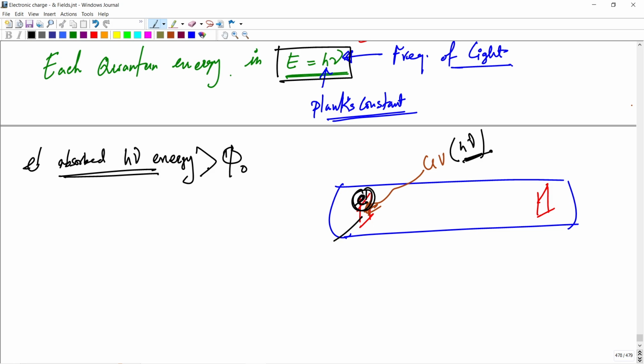This is called the emitter. The electron emits from this metal and moves towards the acceptor plate, and there is some polarity, obviously, some electric field here.